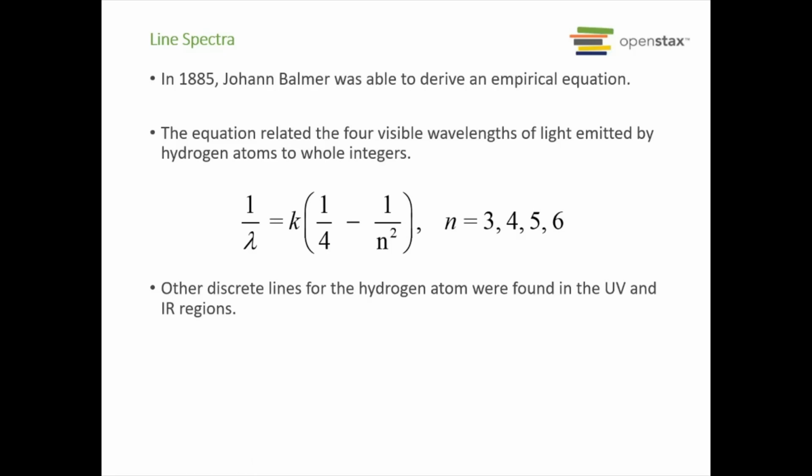And he was able to relate this using whole integers. 1 over lambda, so the wavelength, is equal to some constant k times 1 over 4 minus 1 over n squared, where n can equal 3, 4, 5, or 6. So there were other lines found in the UV and the IR regions, but this is focusing on the visible.